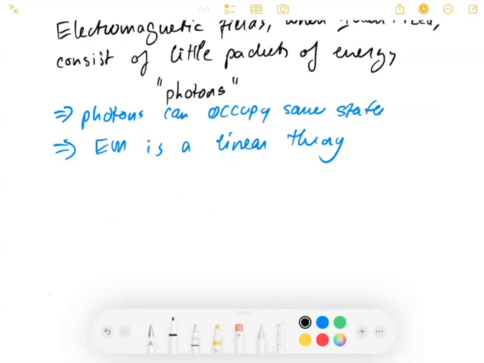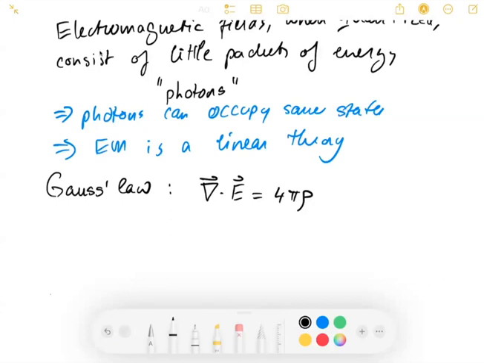Well, let's start with Gauss's law. So Gauss's law says that the divergence of the E field is 4 pi rho.